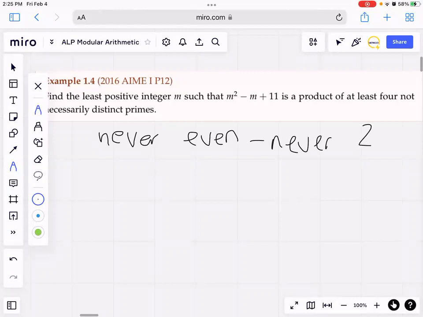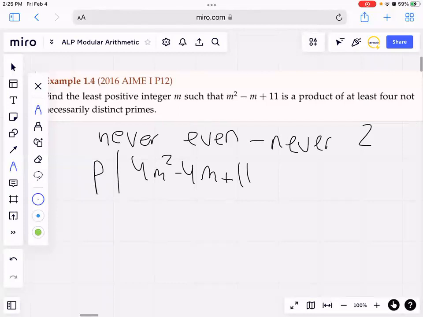Next, let p be one of the primes that divides m squared minus m plus 11. Note that p will also divide 4m squared minus 4m plus 11, only because we're just multiplying m squared minus m plus 11 by 4, so p will still be a divisor of that.